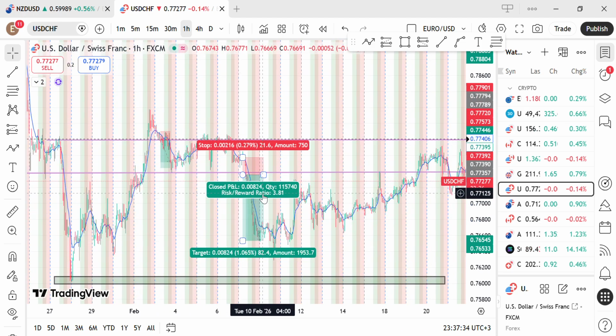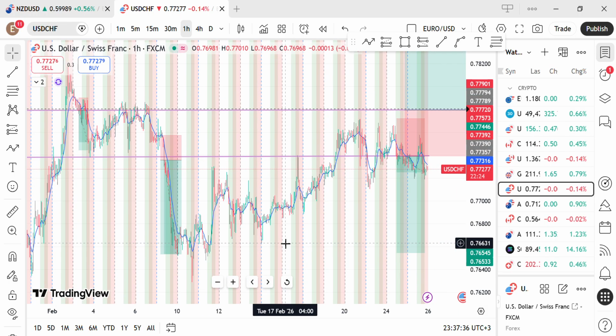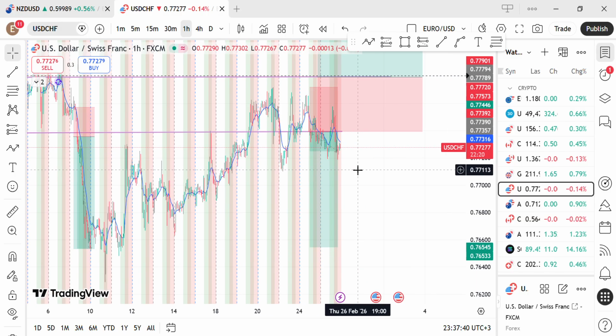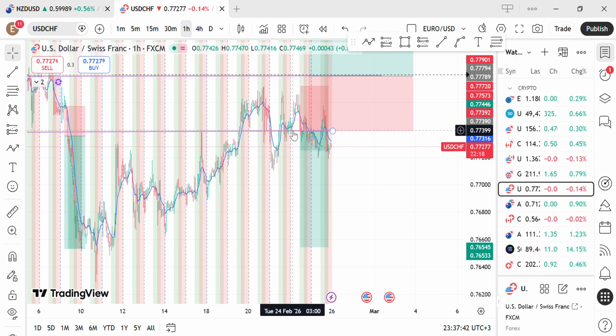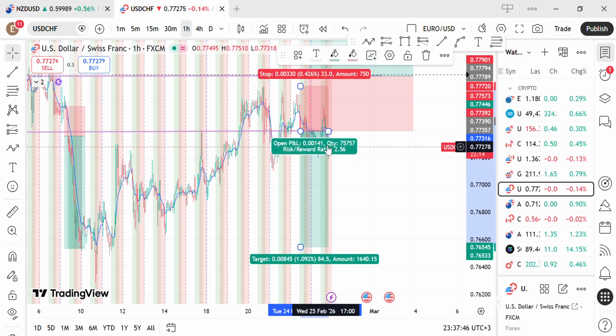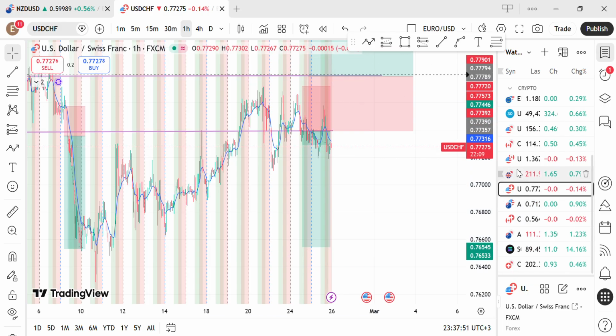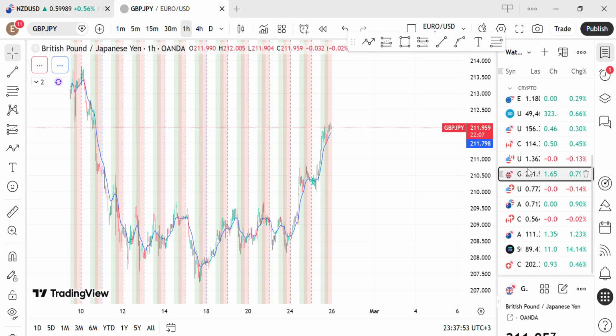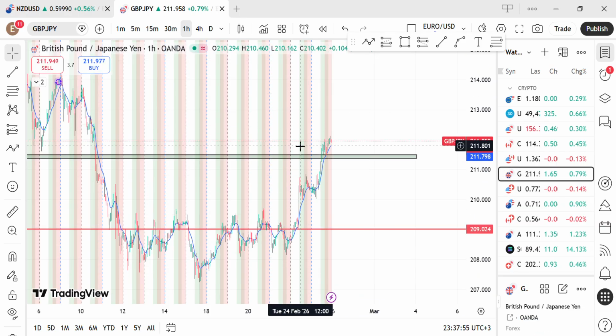Sell from here, continuation, but it's made a higher low, bought uptrend, then it's down here. Also, I'm thinking it's to sell. Okay. So you just have to get in and wait and see if it will work or not.